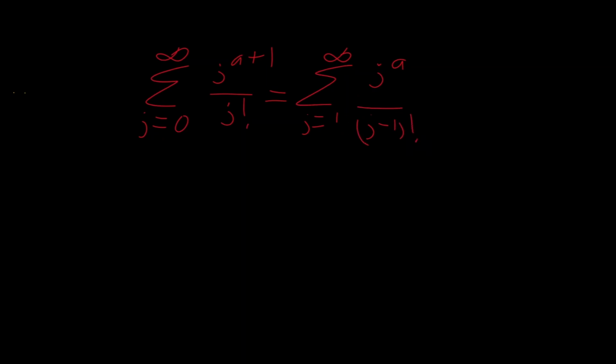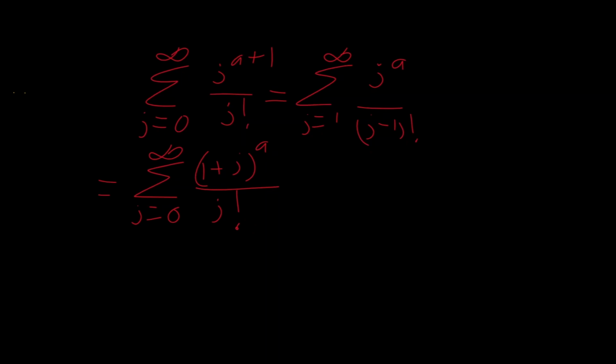And we can, again, reindex this. So this is equal to the sum from j equals 0 to infinity. We've already done this like 3 times, so going a little bit faster. 1 plus j, all to the a, then divided by j factorial.